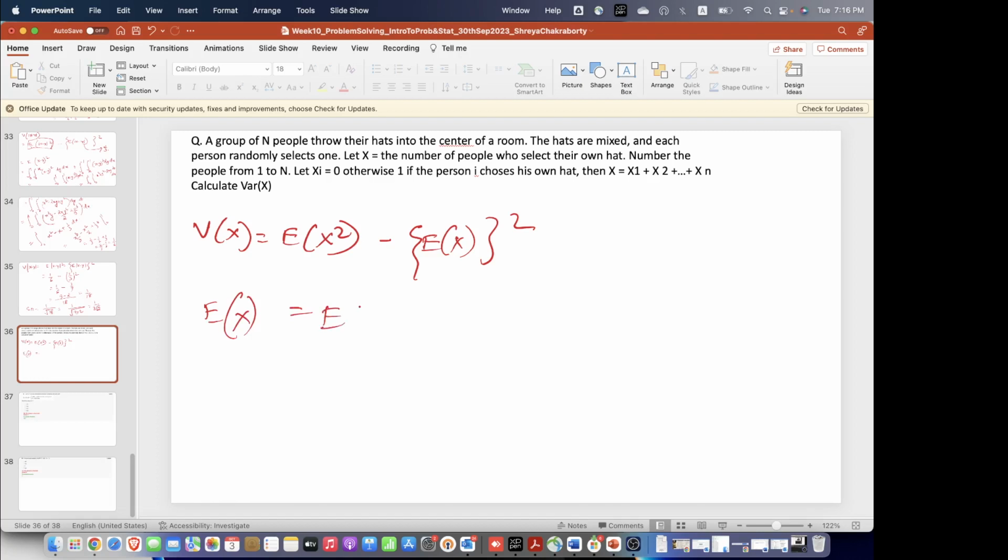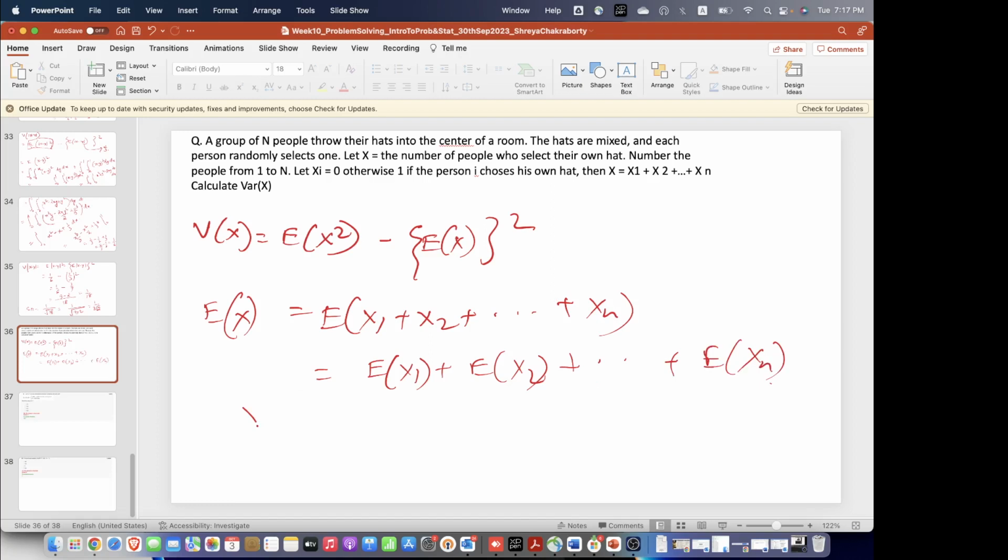X equals the expectation of x1 plus x2 plus ... plus xn. So this would be the expectation of x1 plus the expectation of x2 plus the expectation of xn.